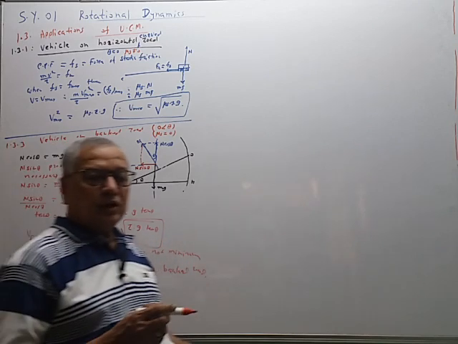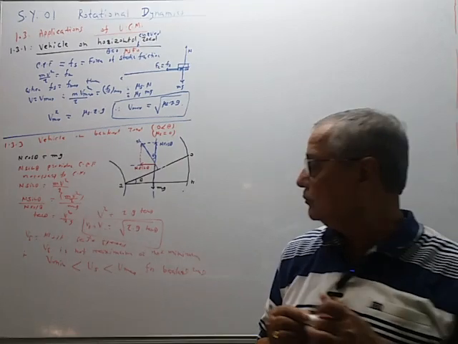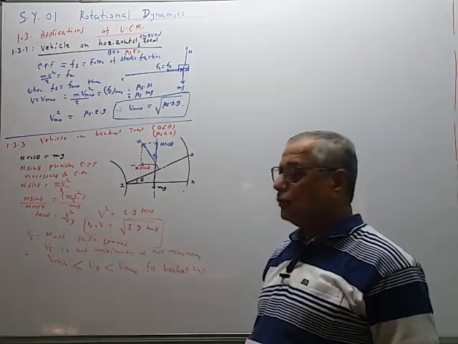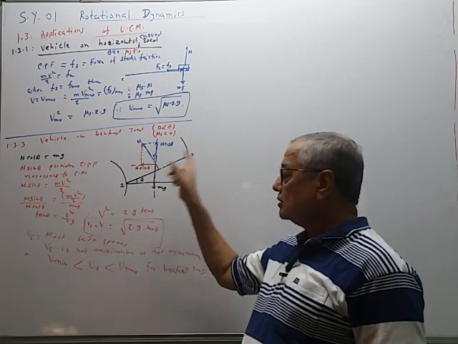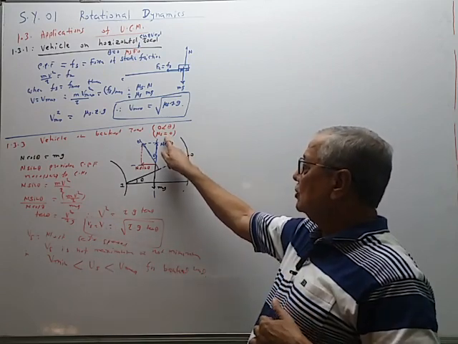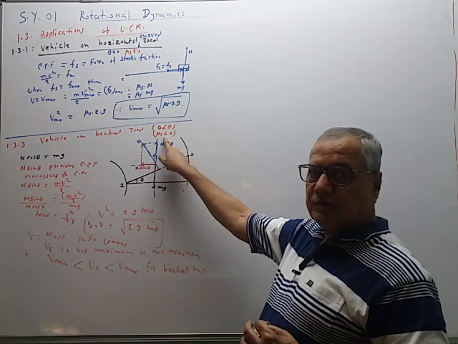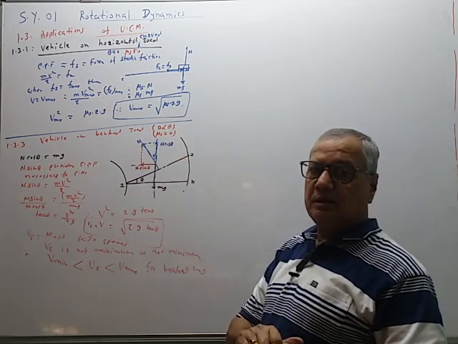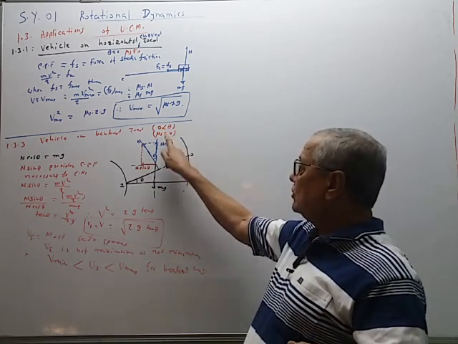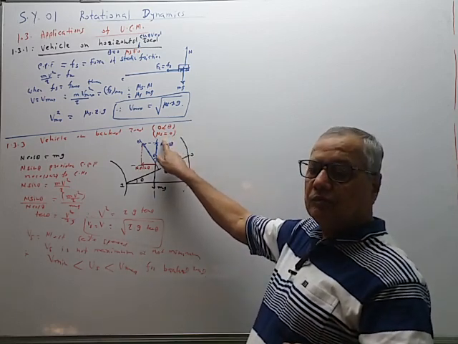So these two cases we have already seen. Now it is not a maximum, it is not a minimum speed limit. So what are the speed limits for the banked road, and in that case the coefficient of friction or force of static friction must be considered. And the third case will be theta greater than 0 and mu s not equal to 0.